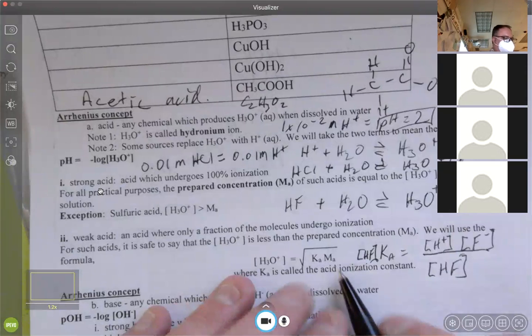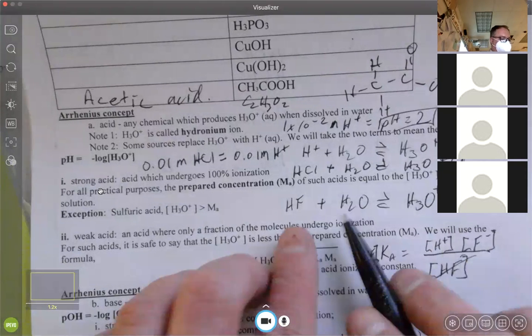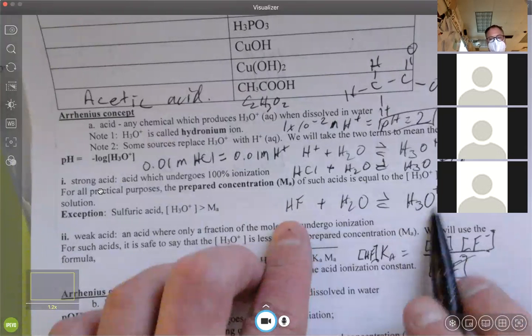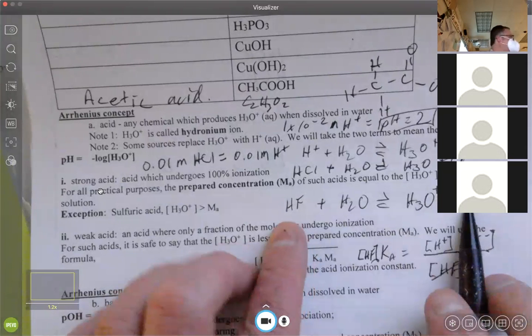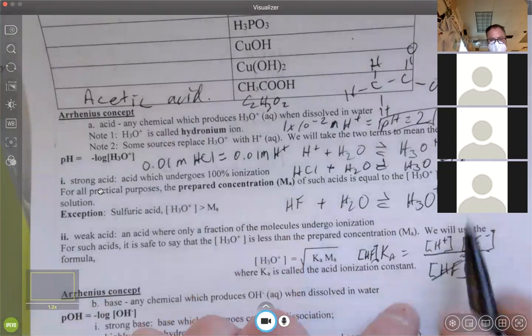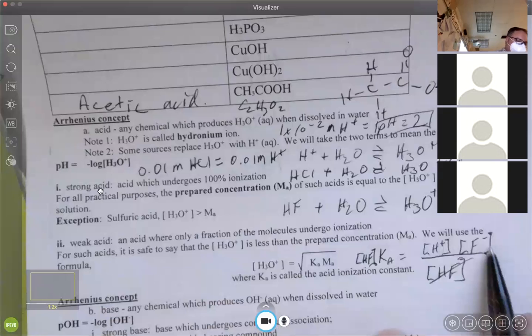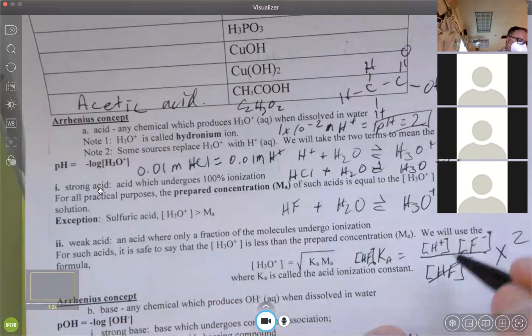And we know that for every 1 H3O plus that forms, we will have how many F negatives? 1. So the concentration of this and this are the same. So let's make that x squared, because we don't know what this is. X and x, that would be x squared.